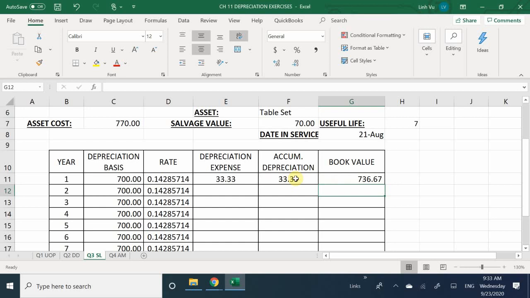Okay, never will you ever use your depreciation basis for book value. That formula will stay constant between all 3 methods, which is your total asset cost minus your accumulated depreciation. Never ever will you ever use your depreciation basis.